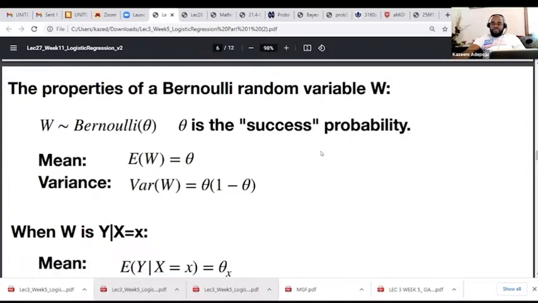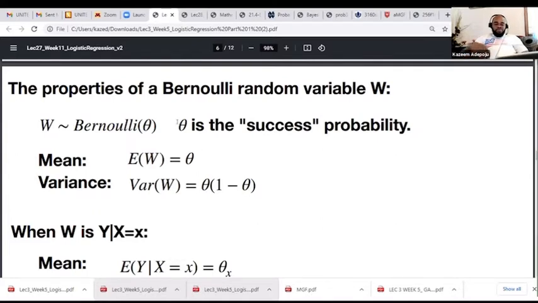Now that we know it's Bernoulli, let's focus on the Bernoulli random variable. If a random variable W follows a Bernoulli distribution, we have a parameter theta, and theta is the probability of success, because if a variable is categorical, with possible success and failure, what we look for is the probability of success.